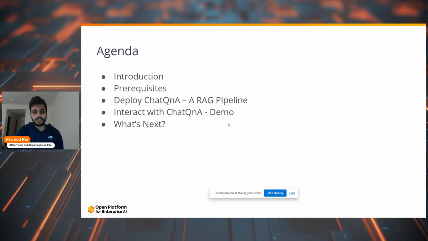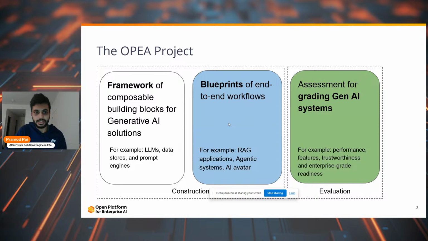Following the deployment, like Rachel mentioned, there's a demo. So you'll see how the chat Q&A system functions in real time. With that, let's begin with a very quick introduction to the OPEA project.